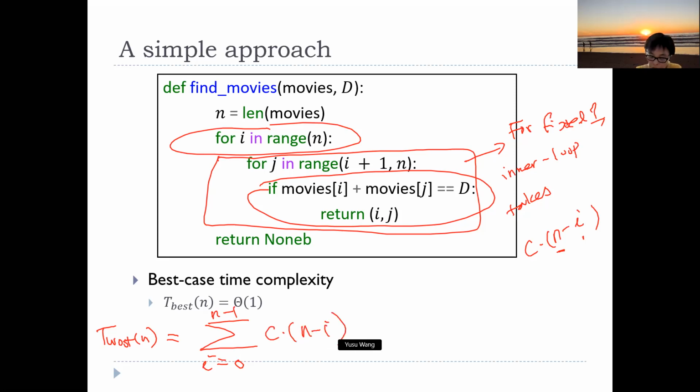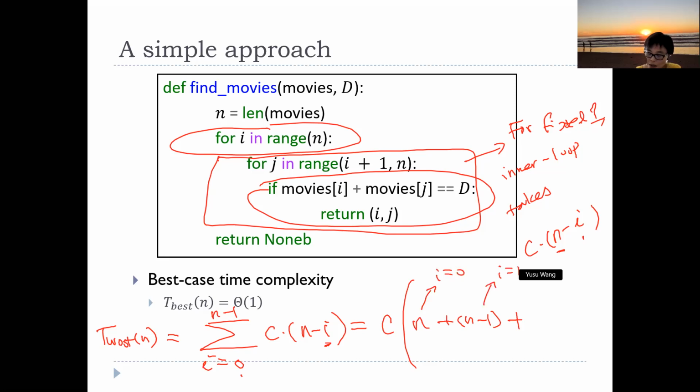Okay? So if I take c out, when i is 0, we have n, plus n minus 1, plus... so this is i equal to 0, this is i equal to 1, all the way to n minus 1, which is 1.